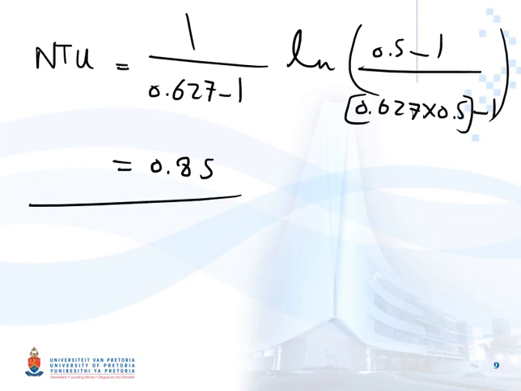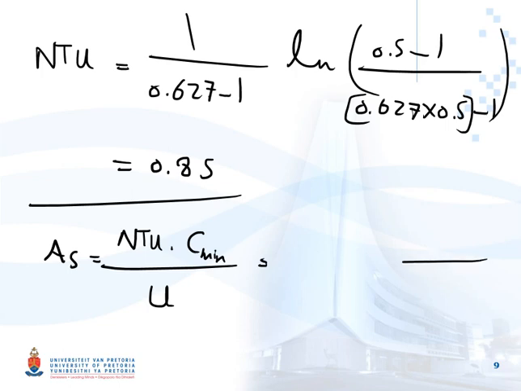And after that if we apply it into the same correlation, surface area is equal to number of thermal units multiplied by minimum heat capacity rate divided by U, which is the overall heat transfer coefficient.